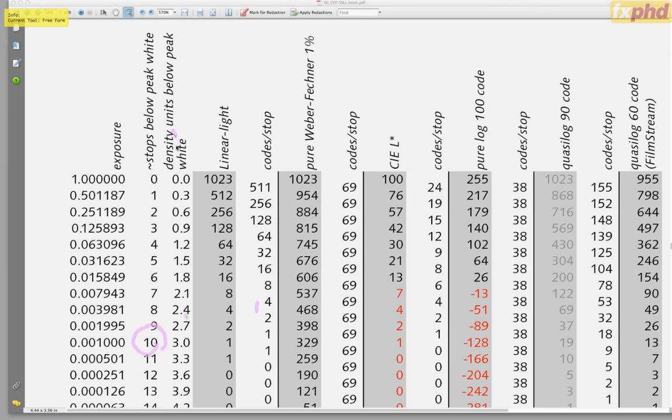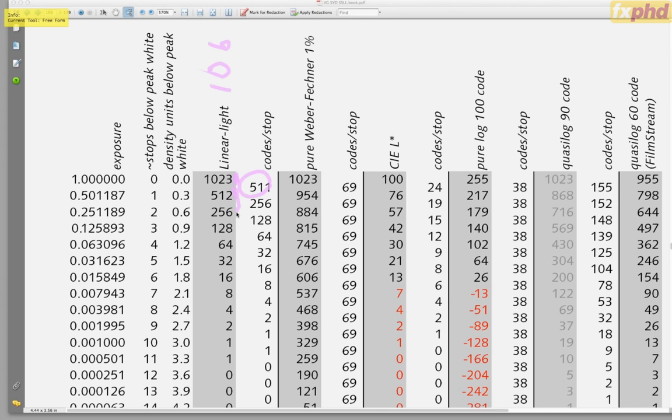And I'm also showing you density units. They go 0.3, 0.6, 0.9, and so on. So I'm 3 density units down. Now, if I were in linear light space, in 10 bits, I would put the top of my scale at 1023. I would have 511 codes in the top stop, because the code value is just going down linearly.